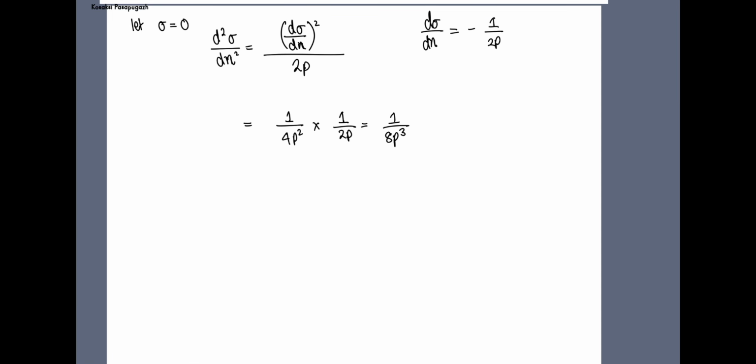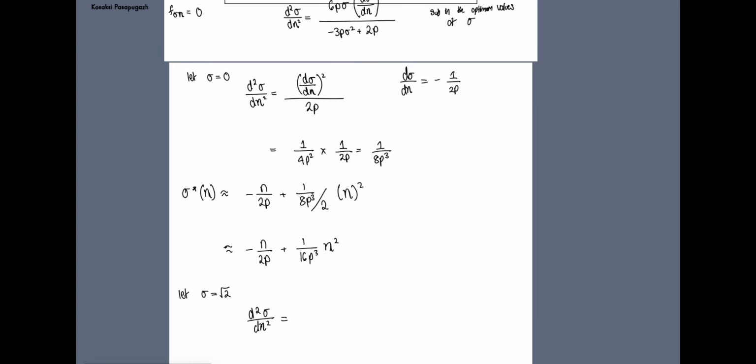So we will be left with sigma as a function of eta is approximately minus eta over 2p plus 1 over 8p cubed divided by 2 eta squared. And this will boil down to minus eta over 2p plus 1 over 16p cubed eta squared.